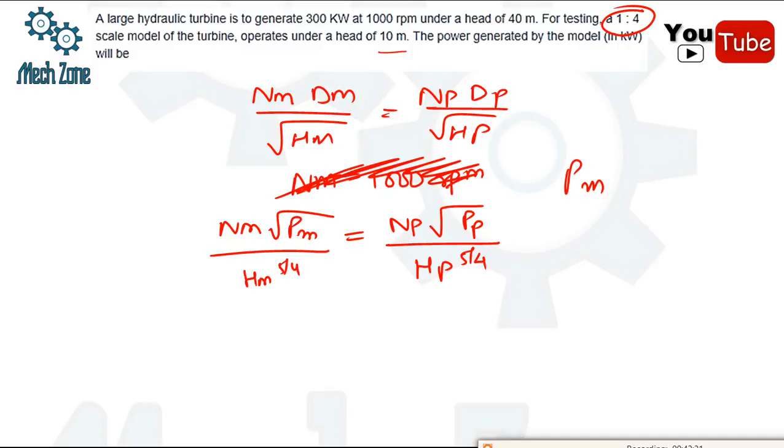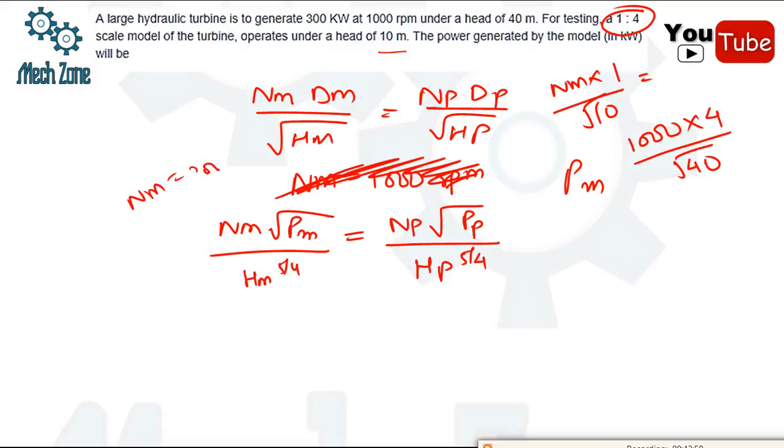So N_m into 1, because for the model the dimension is 1, and the head of the model has been given as 10, so under root 10. This is equal to N of the prototype, given as 1000, into dimension of the prototype, 4, because the ratio is 1:4, divided by head of the prototype, given as 40, so under root 40. So from here N_m is coming out to be 2000 rpm. Now this 2000 rpm will be substituted here.